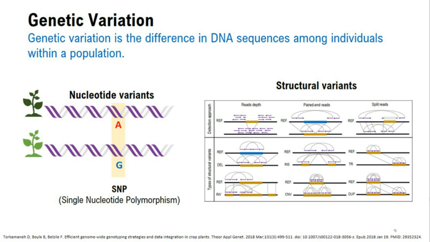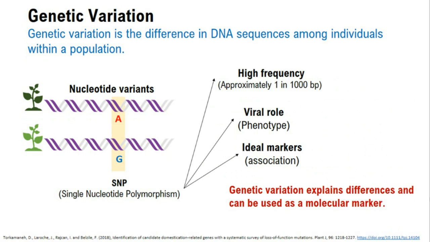Today, we are mostly focusing on nucleotide variants, specifically the SNPs, which are very frequent across the genome. As an example, we can find at least one SNP in every 1,000 base pairs in the genome. They have a vital role, meaning they can affect the phenotypic makeup of the individual.